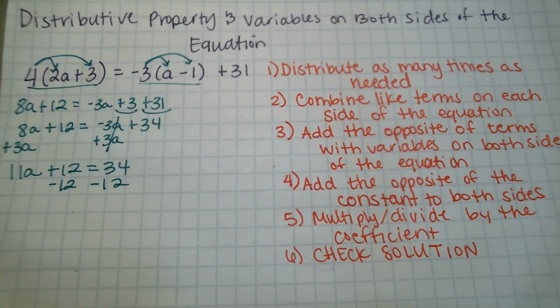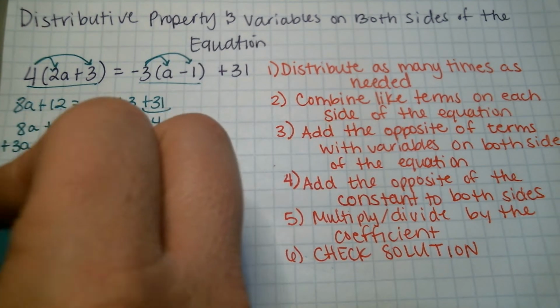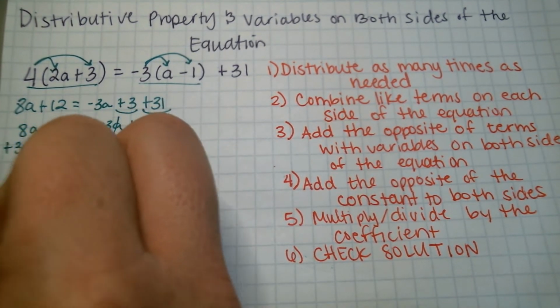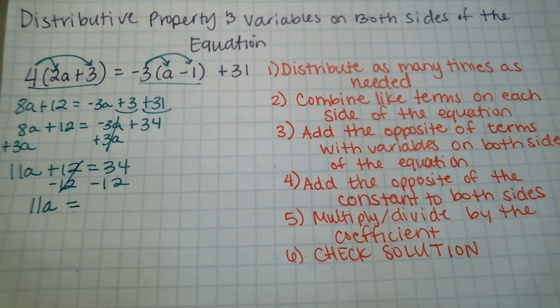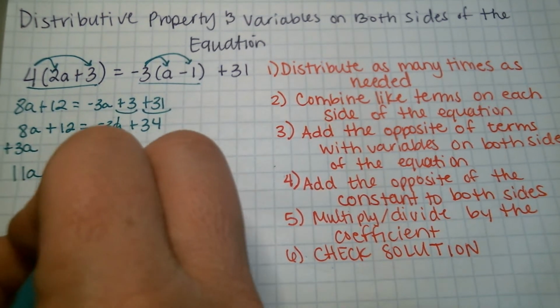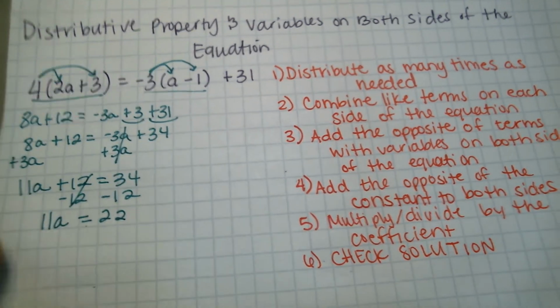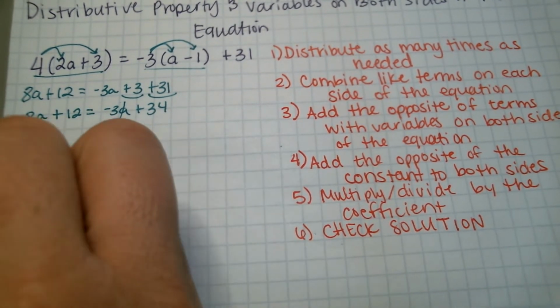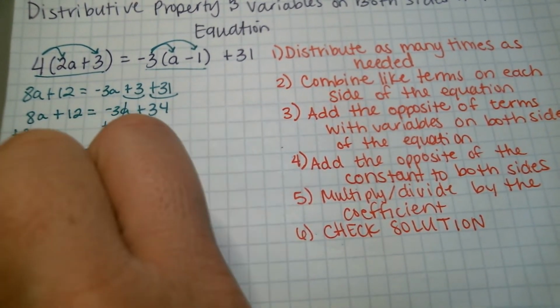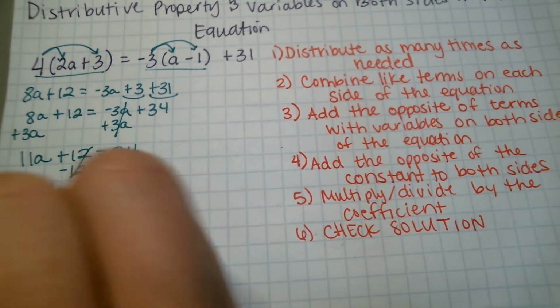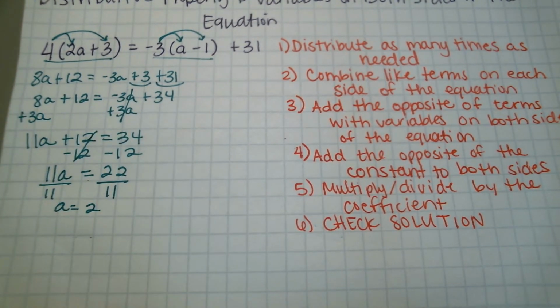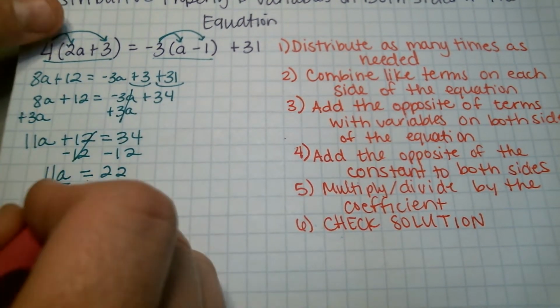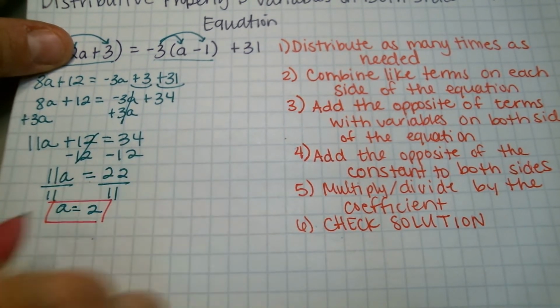I'm going to add that to both sides. 12 minus 12 is just 0, so I'm left with 11a. 34 minus 12, well, that's 22. And the last one, multiply and divide by the coefficients. Well, my coefficient's 11, so I'm going to divide by 11 on both sides, and I get this nice answer of a equals 2.